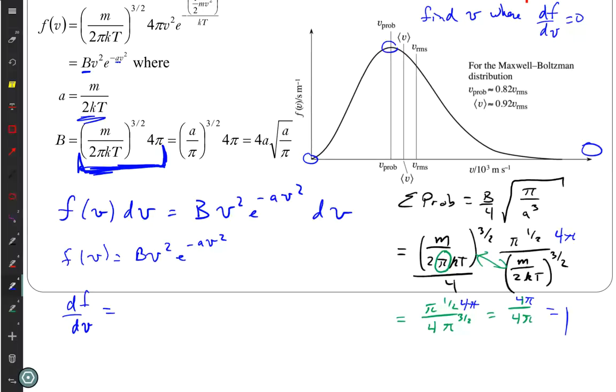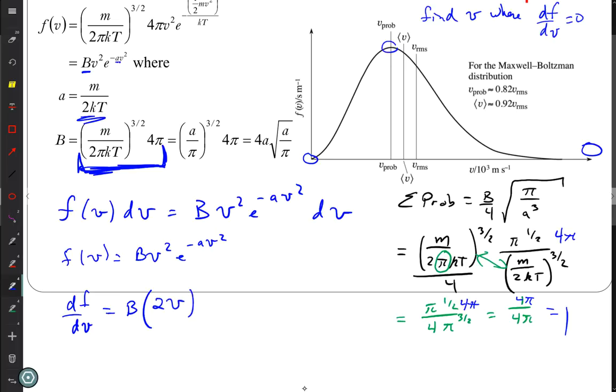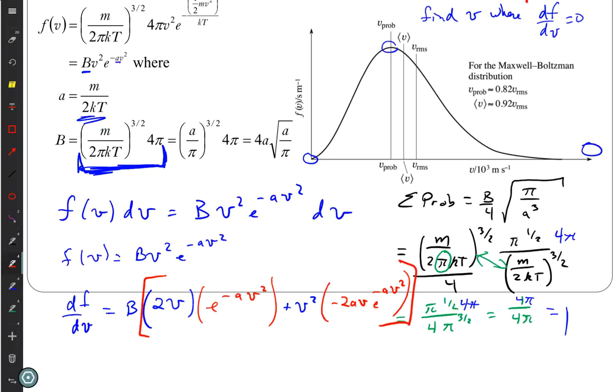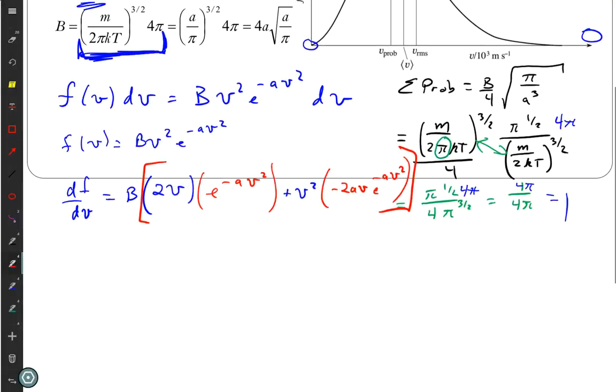So I have to use the product rule. Everything has a b, so I'm going to factor out the b. Taking the derivative of the first one, that's a 2v. And then the second one, e to the minus av squared. And then the first one times the derivative of the second one, which is going to be minus 2av, e to the minus av squared. So there's my derivative, and I want to set that equal to 0.